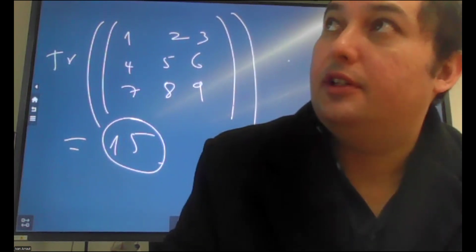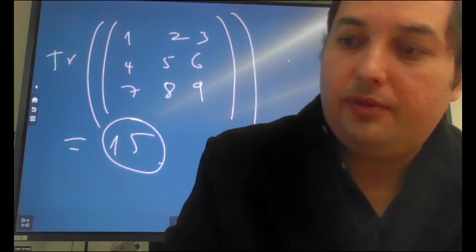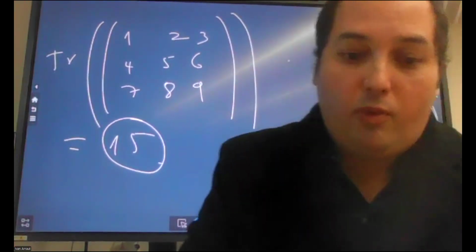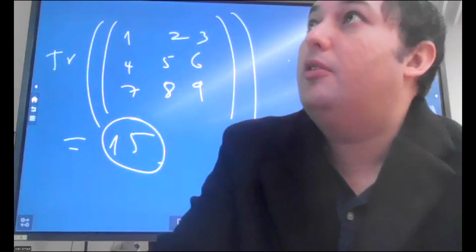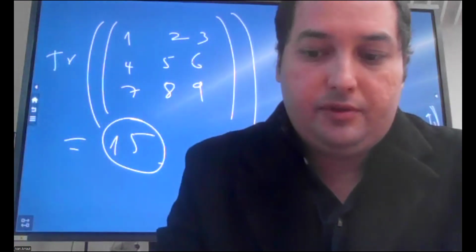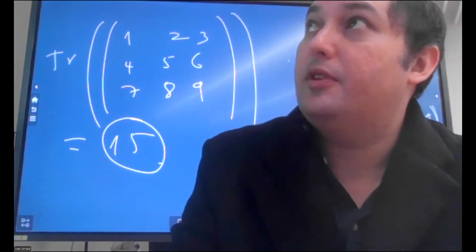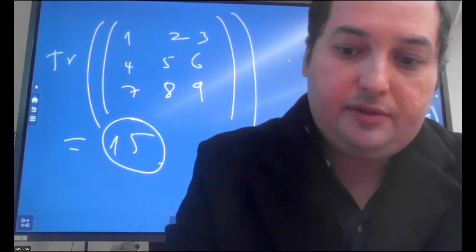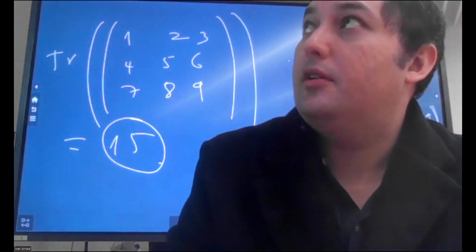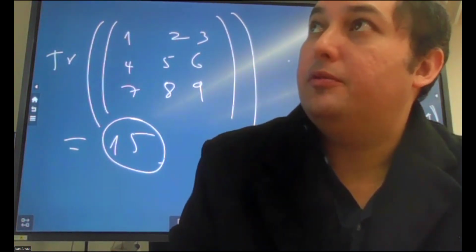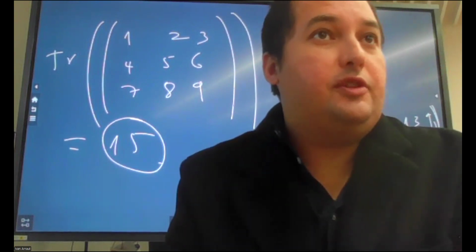It's like this, 3 columns, no? Then we have 1, 2, 3, 4, 5, 6, 7, 8, 9. 15, right? This is the trace of this matrix.